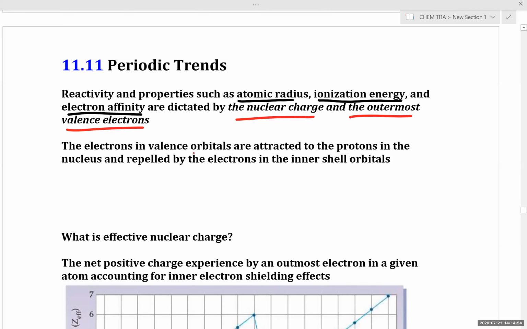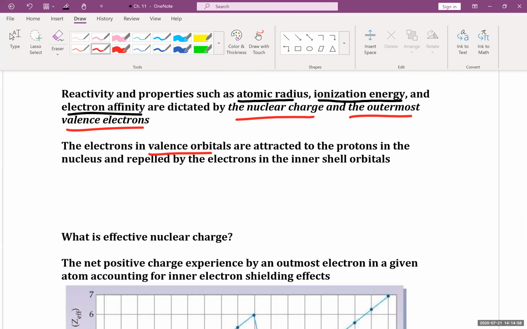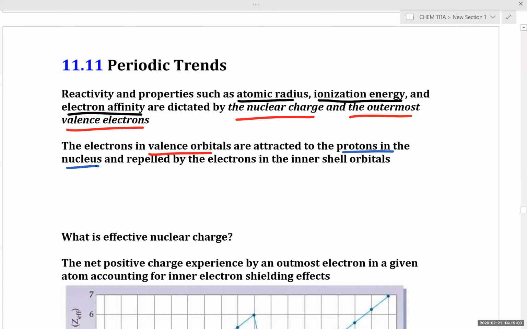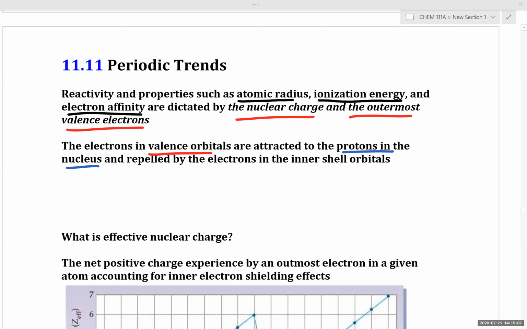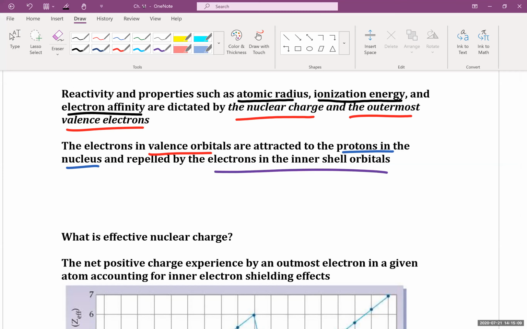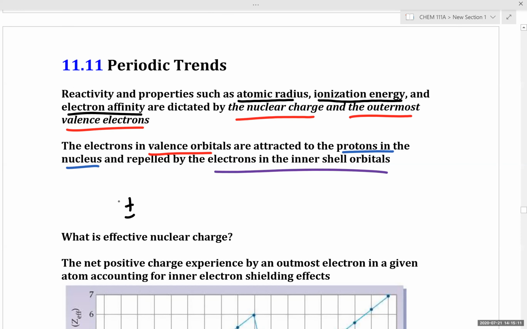So the electrons in the valence orbitals are attracted to the protons in the nucleus, and they are repelled by our inner shell electrons. So there's this push-pull dynamic between shielding and our nuclear charge.